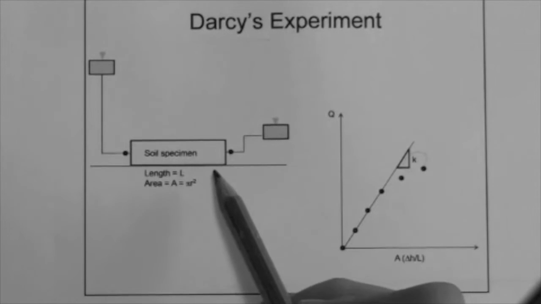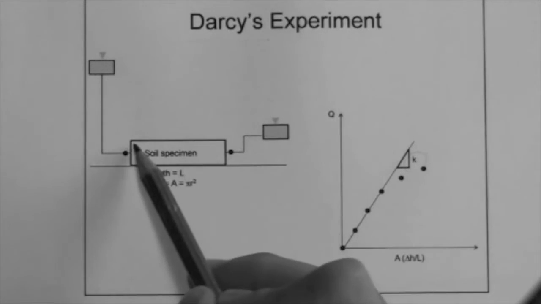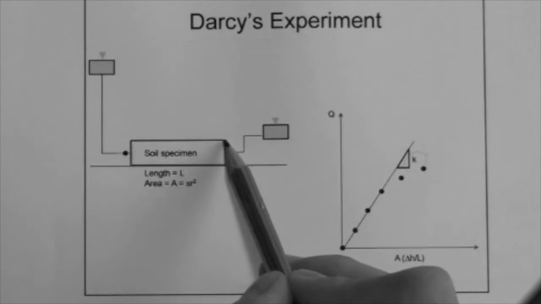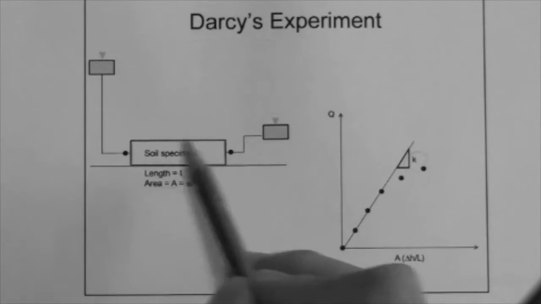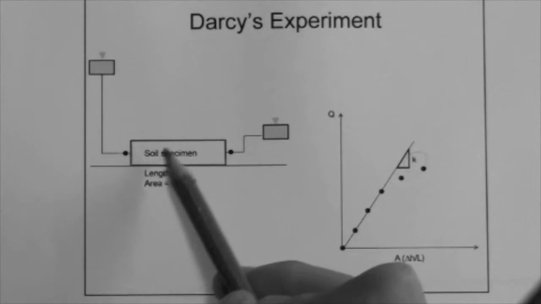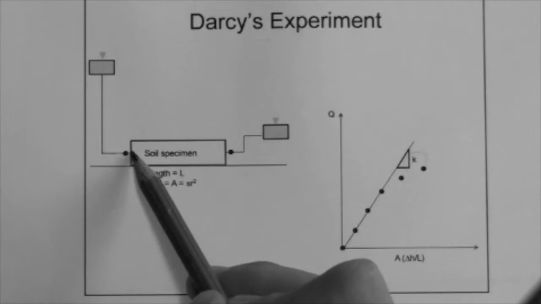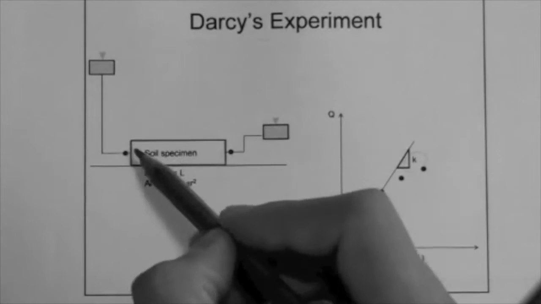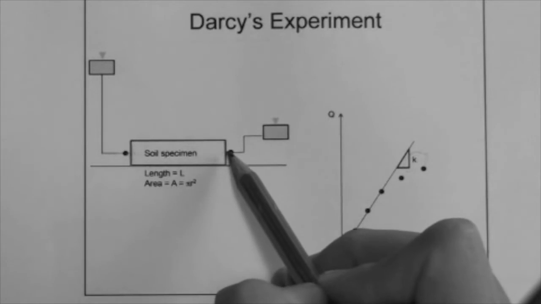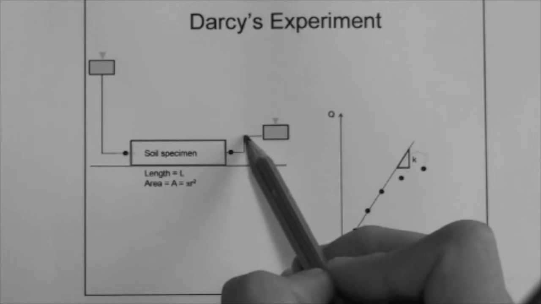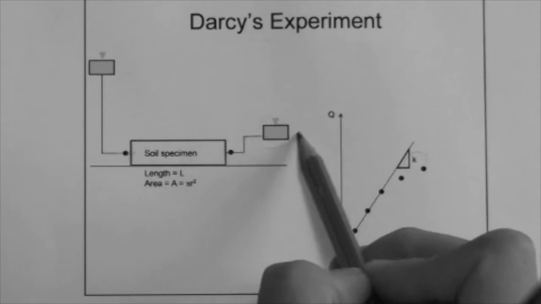At each boundary of this cylinder there is a cap and a mesh, so the soil grains are prevented from going out of the tube. Now the end cap is connected to a smooth tube that is connected to a reservoir of water.